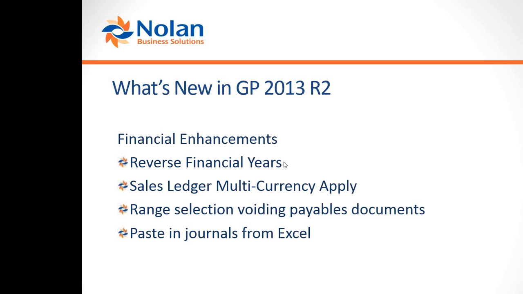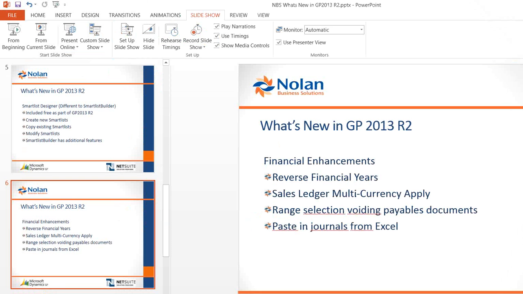It was quite difficult to find. The window's now been enhanced to enable me to go and find that document easily to void it. And the last one, which would be interesting to people, I guess, is that you're able, within the journal entry inside Dynamics, to paste in data from Excel. Just have a quick look at those features.